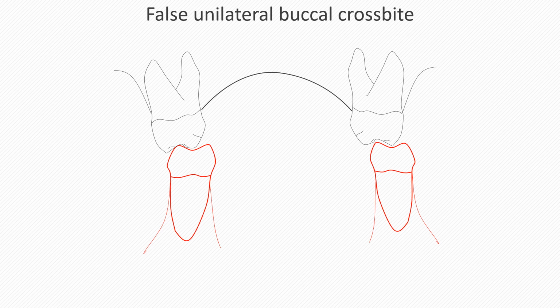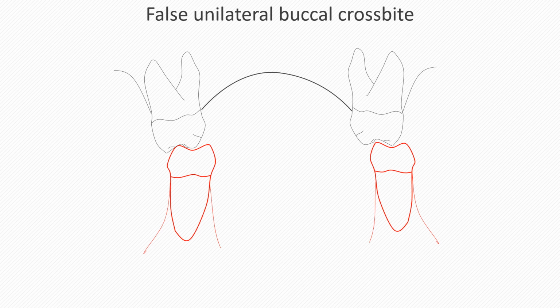It is important to differentiate between the true and false unilateral buccal crossbite because during treatment, the true unilateral buccal crossbite does not need any treatment because it does not affect the function of the mandible or cause any lateral displacement of the mandible, and at the same time, if the posterior unilateral buccal crossbite, the true one, is aesthetically acceptable, it does not need treatment.